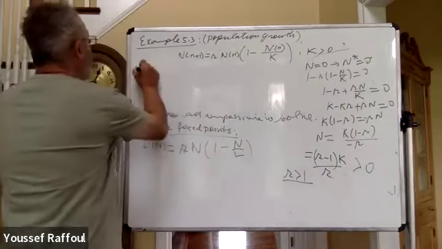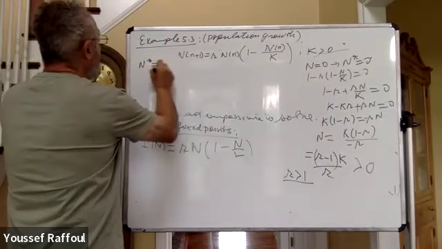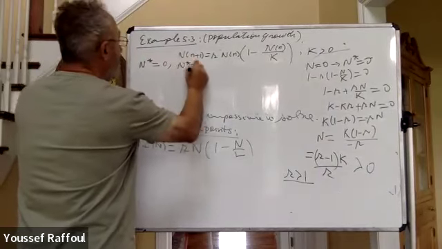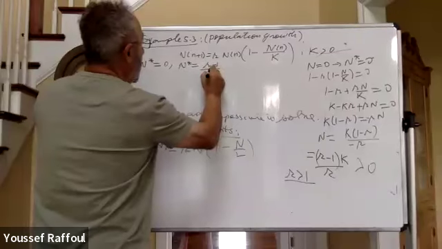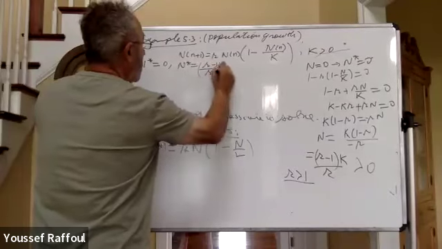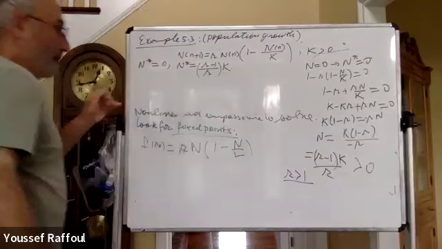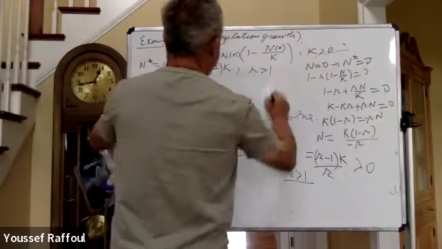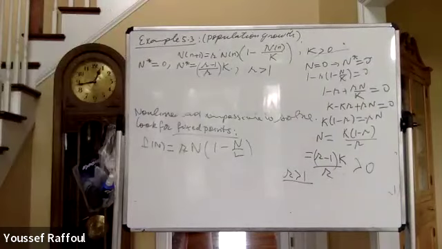Okay, so we have n star equal to 0, and we have n star is r minus 1 over r times k. And we needed r bigger than 1.